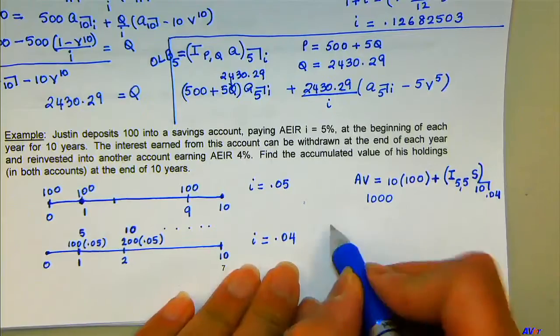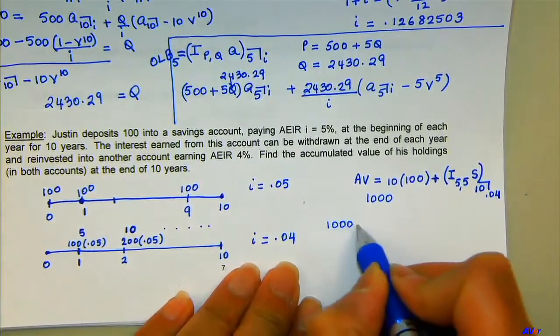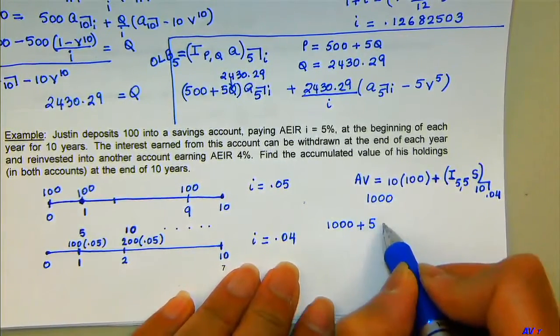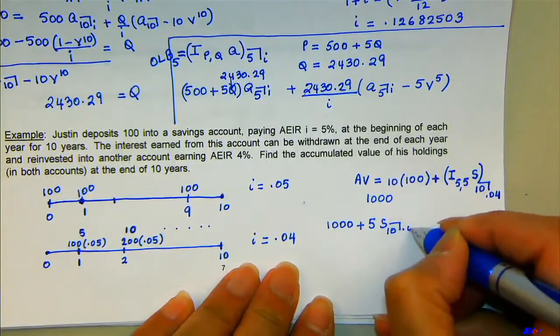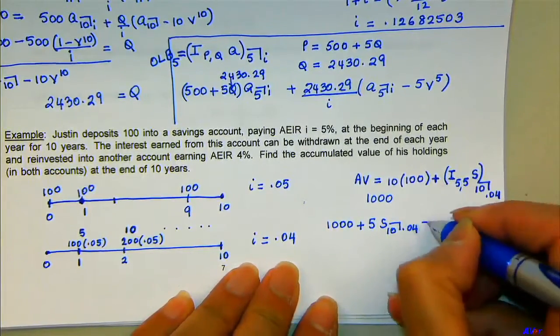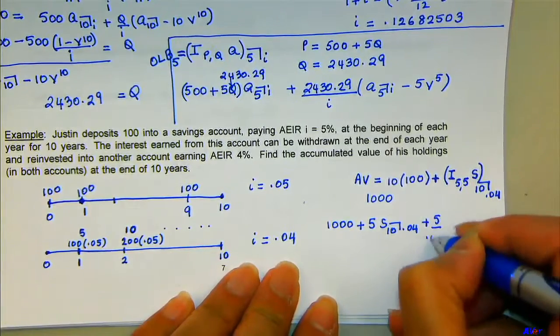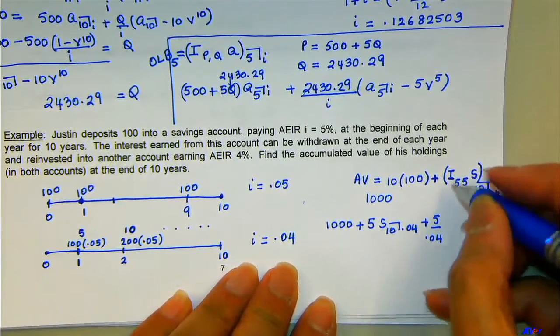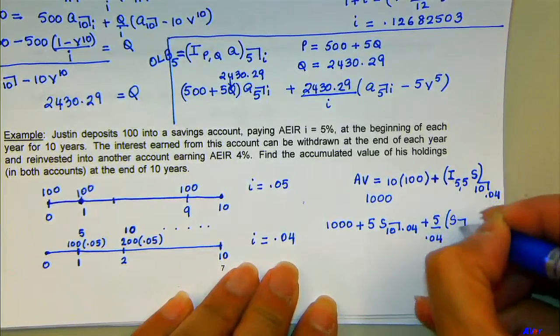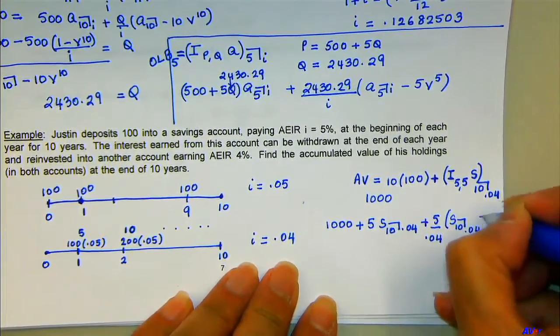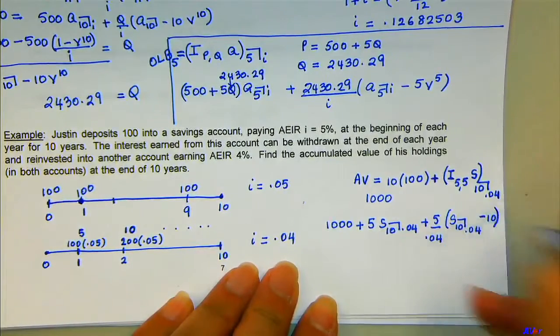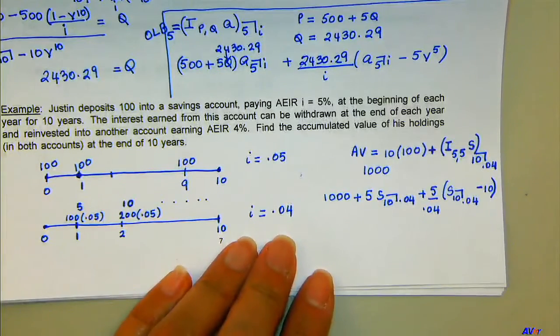So 1,000 plus 5, S angle 10, I'm plugging in the formula, 0.04, plus 5 over 0.04 times S angle 10, 0.04 minus 10. This one has no V to the N term because it's accumulated value.